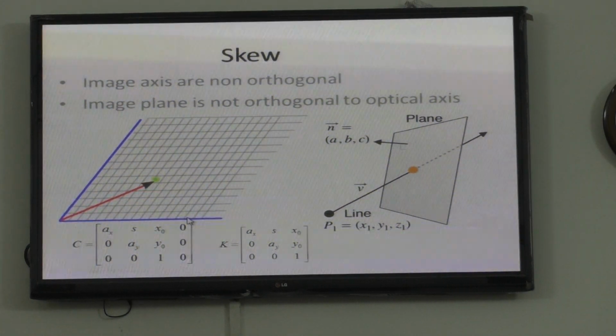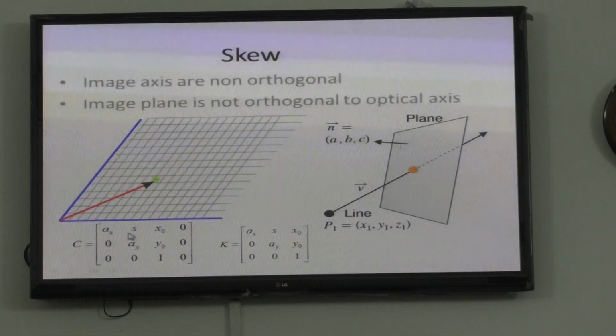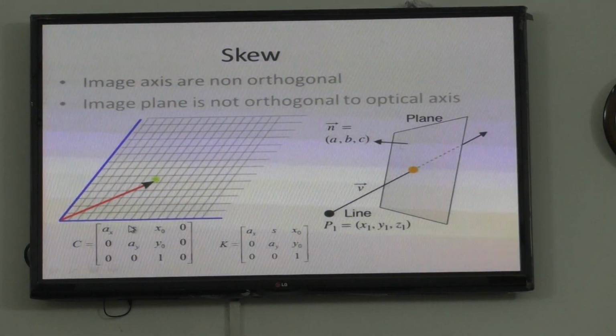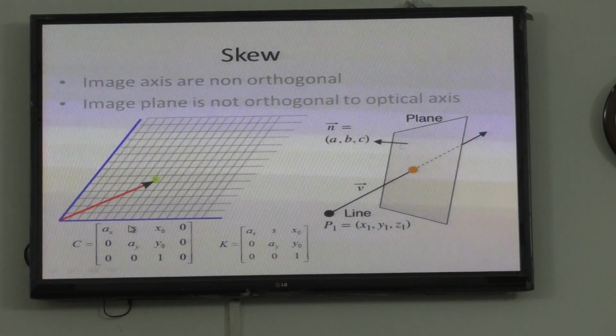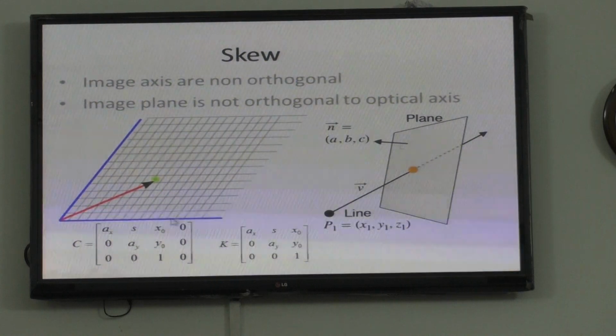These kind of cameras are not manufactured physically, but if the camera matrix has freedom to choose this parameter non-zero, then you can have certain effects that physical cameras do not exist for.